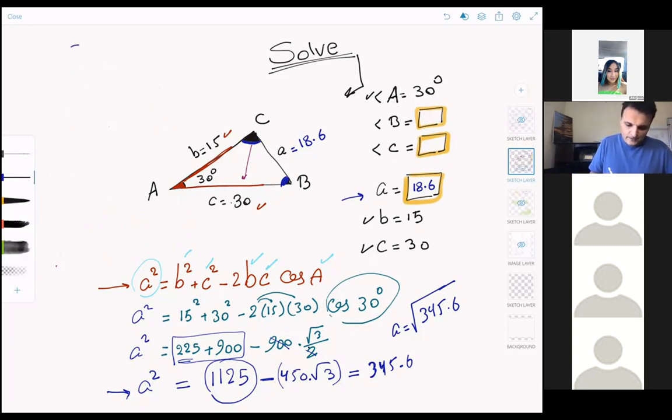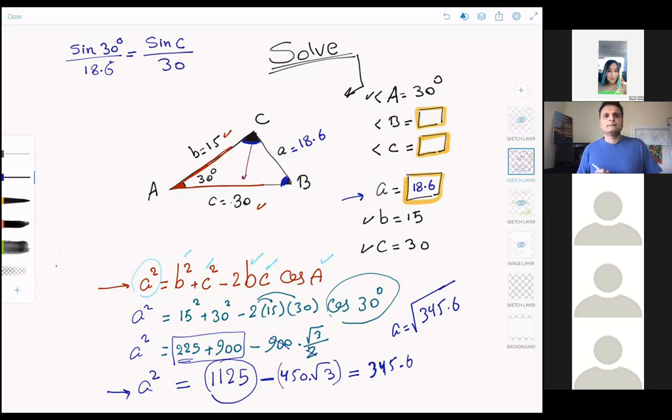So I'm going to say sine of 30 degrees divided by 18.6, which is the side in front of it, equal to sine of C divided by 30. So this works because the only unknown is C here.